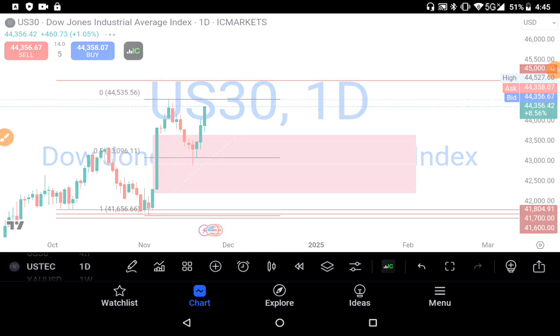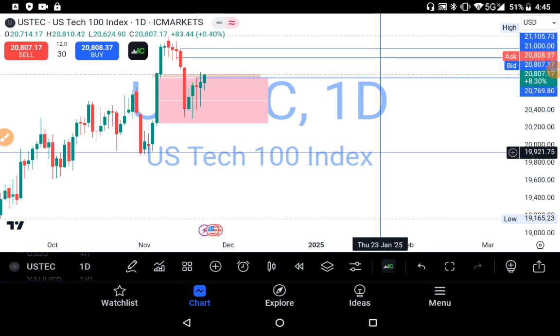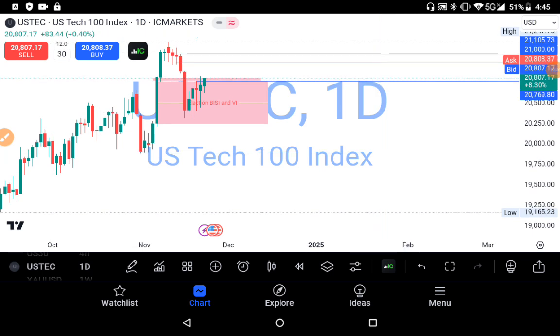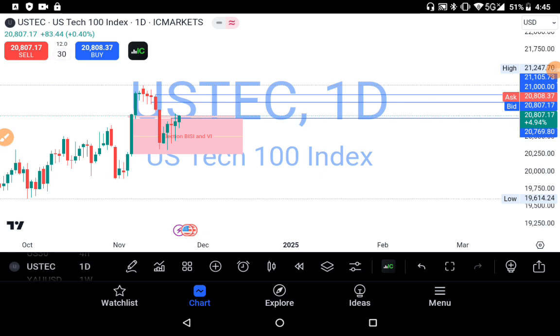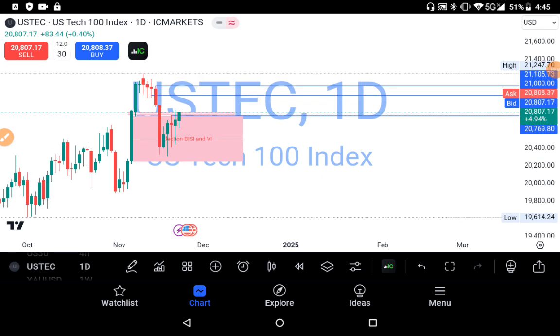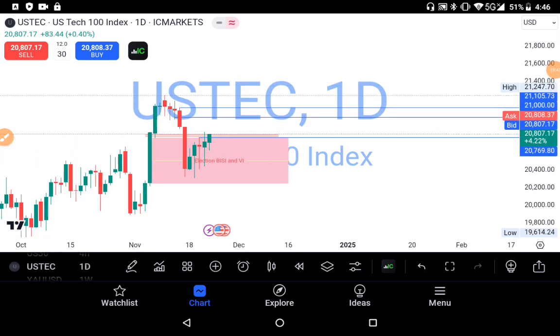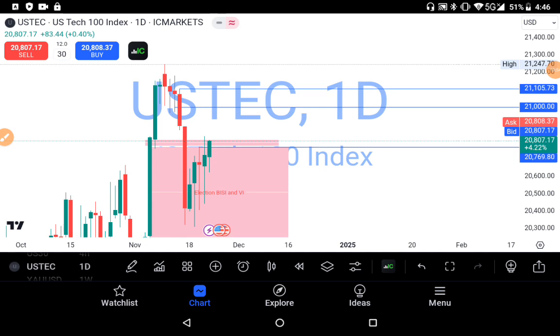Then you go to our Nasdaq, US 500, US Tech. They are all of the same family. On Nasdaq, we were able to see price below the 50%, the consequent encroachment of its own BC.